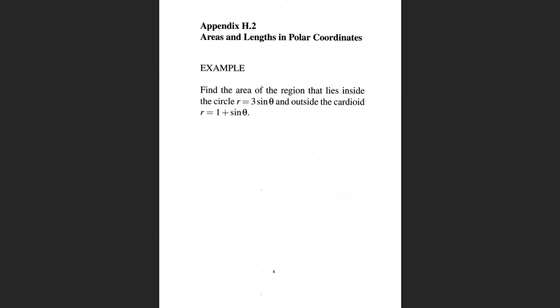Okay, so for this problem, we want to find the area of the region that lies inside the circle r equals 3 sine theta, and outside the cardioid r equals 1 plus sine of theta. So what we have to do is go to Desmos and graph both of these.